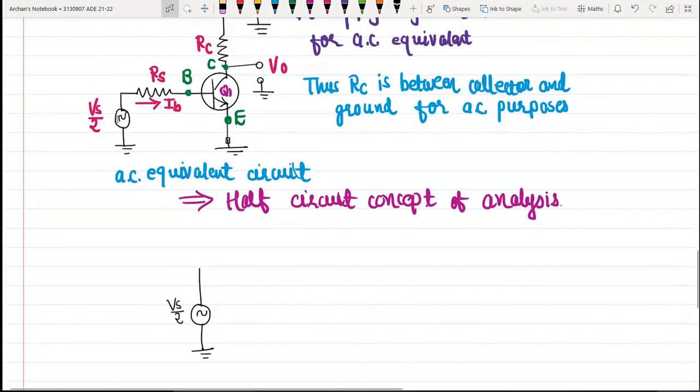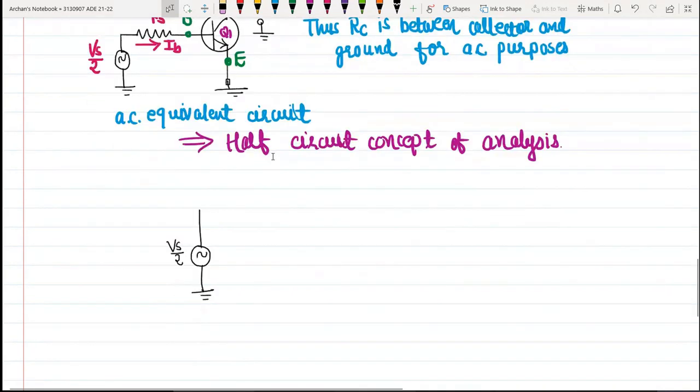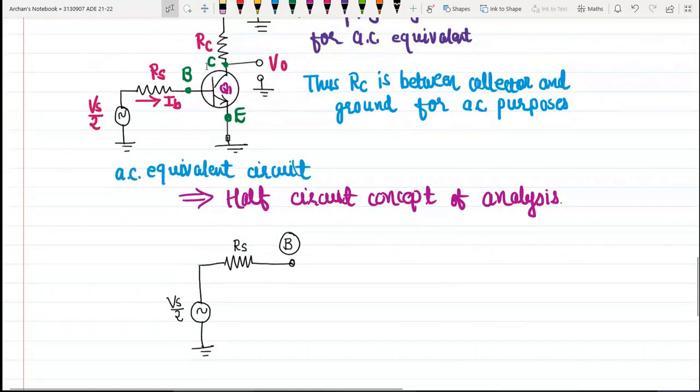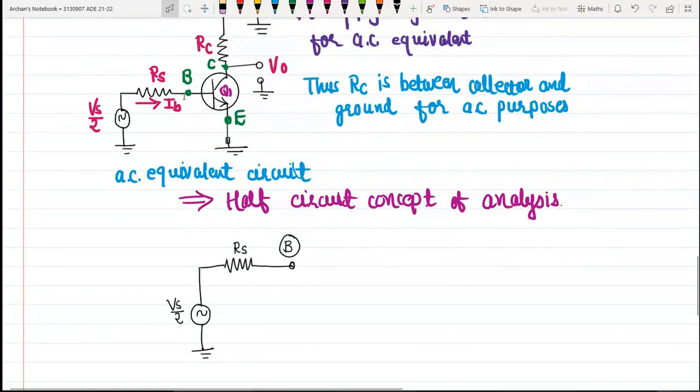After that, we have the source resistance Rs, so let us have one source resistance Rs in series with the supply voltage signal, right? And then here comes the base terminal of the transistor.